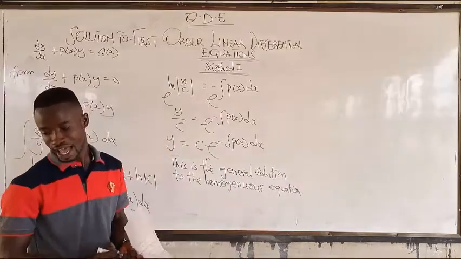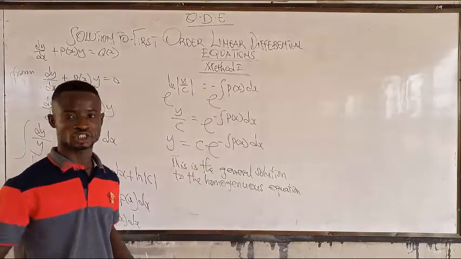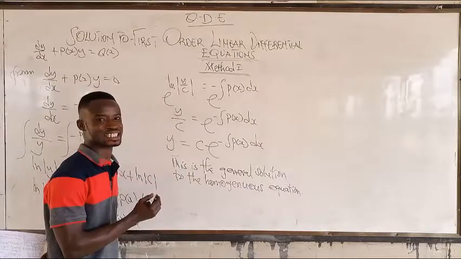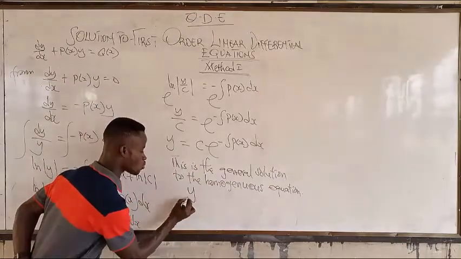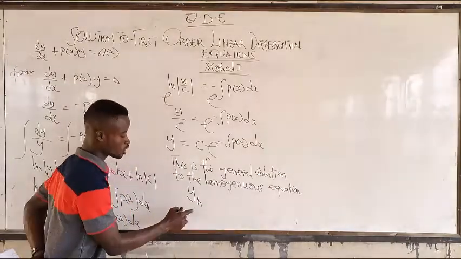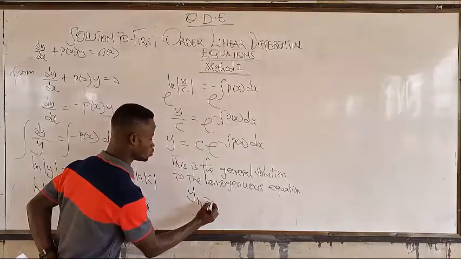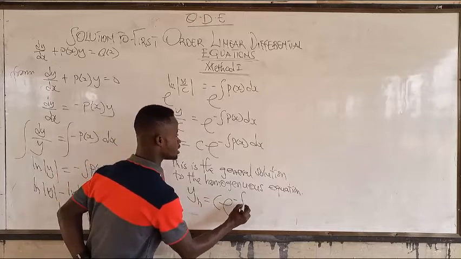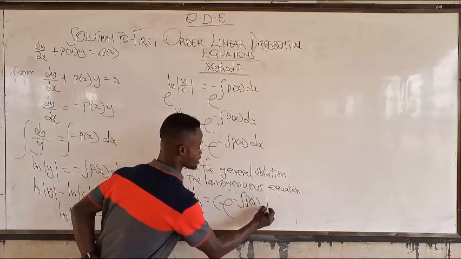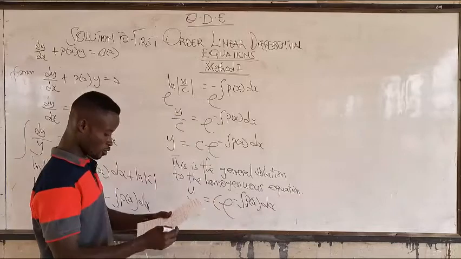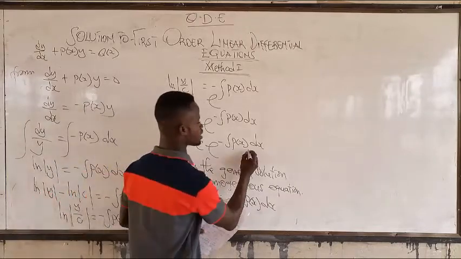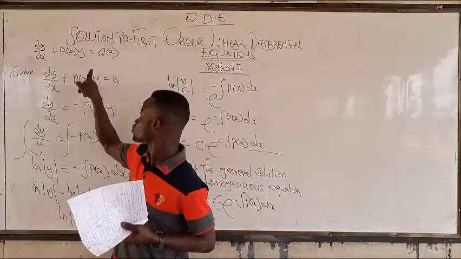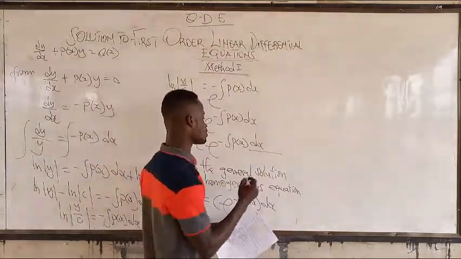Since that is the general solution for the homogeneous part, we have to make it specific. So we write y subscript h, that is the homogeneous, to be equal to c e raised to the power negative integral of p(x) dx. Very good. Don't forget that we have already established equation 1 and equation 2, so this becomes equation 3.